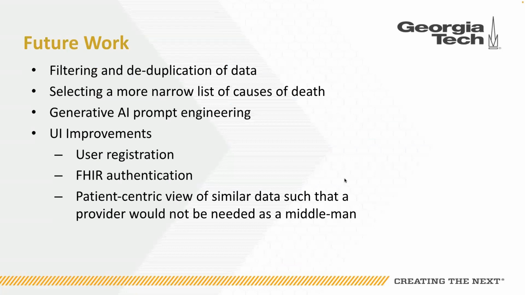Okay, so as far as future work is concerned, we're very happy with the data that we were able to source. We did have to do some additional filtering on it.